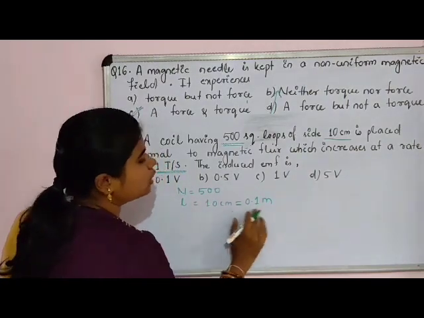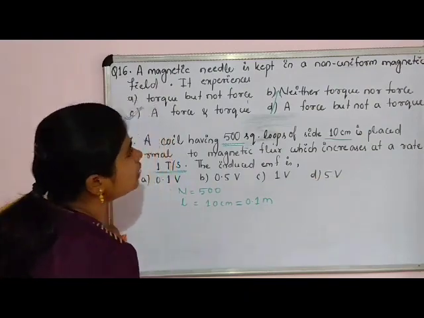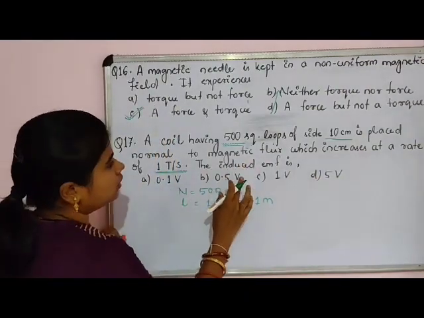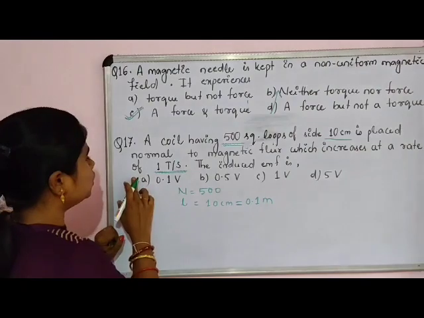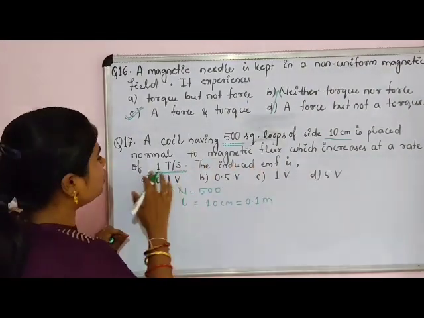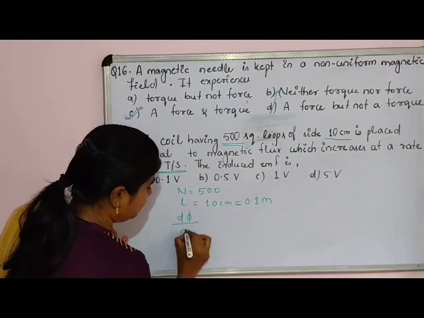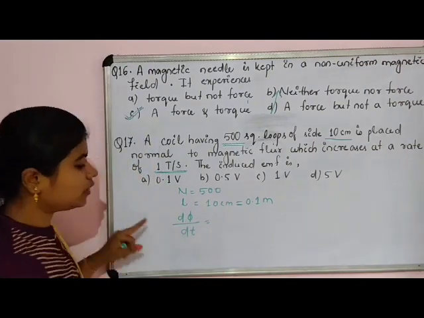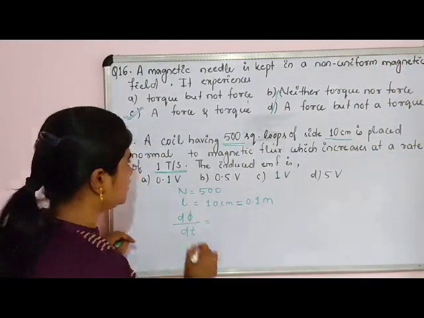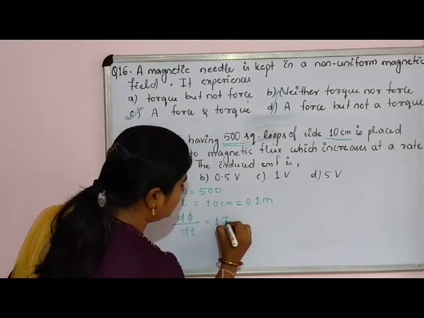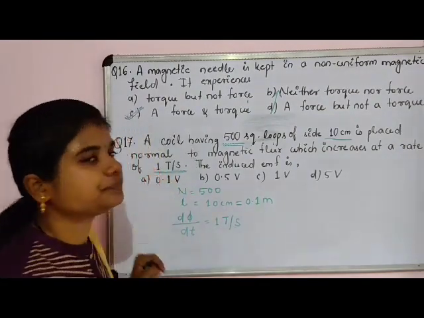The next part is, the flux is changing at a rate of 1 Tesla per second. That means it is giving us d phi by dt. The rate of change of flux is equal to 1 Tesla per second.